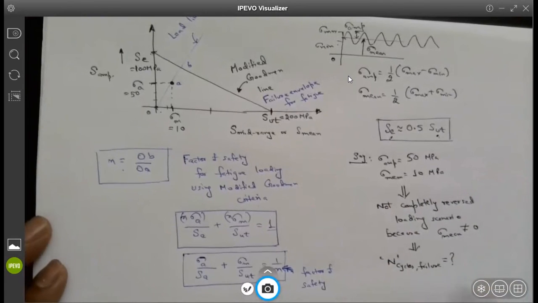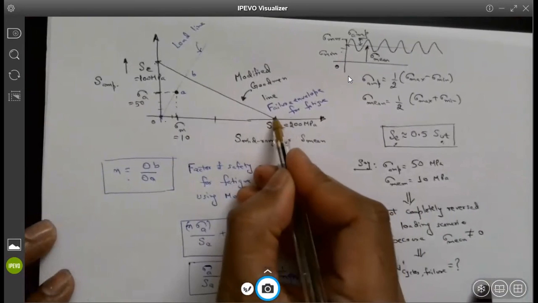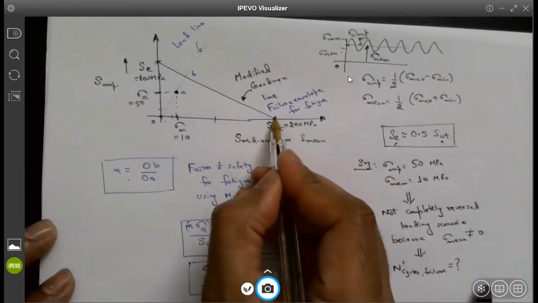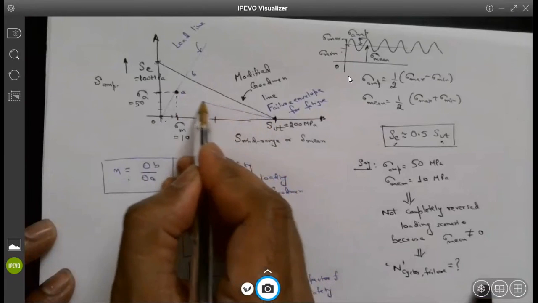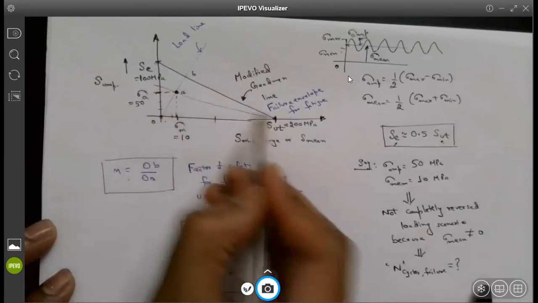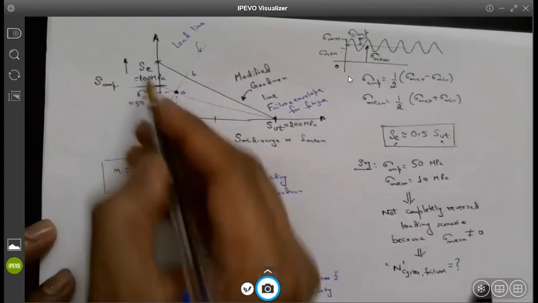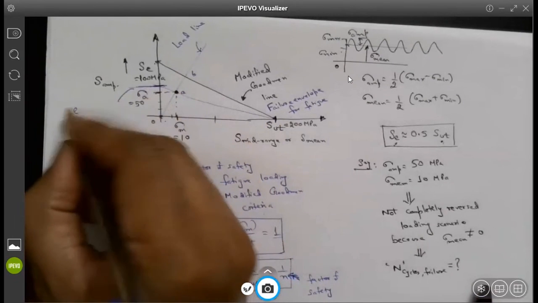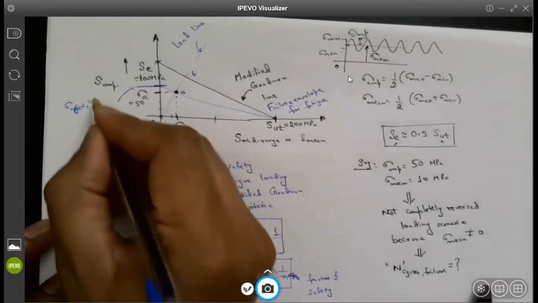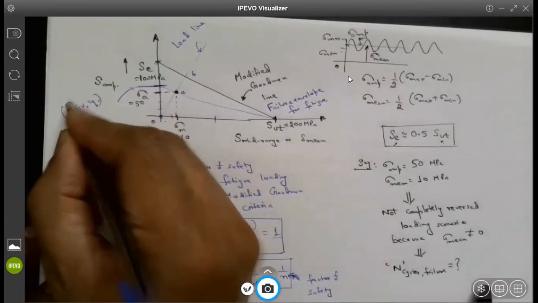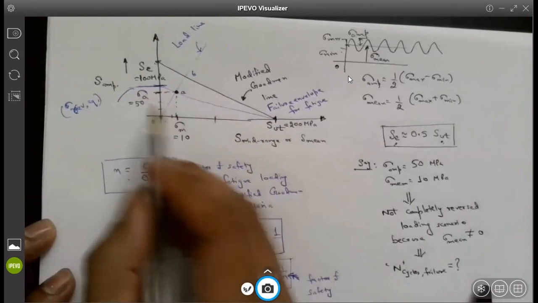To do that, you will draw a straight line connecting this point and this point, and see where it extends and cuts the vertical axis. This value is called the equivalent reversible stress, sigma reversible equivalent, for this loading scenario.